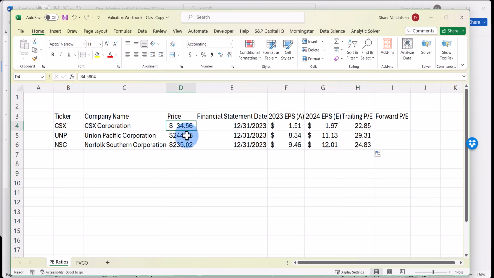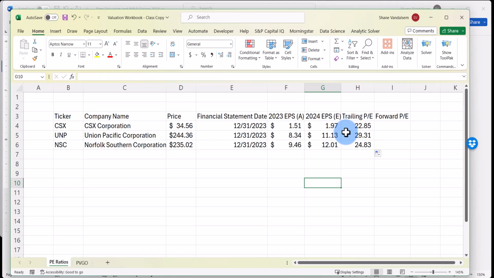The main difference in the stock price, again, is the number of shares outstanding compared to the overall earnings of the firm. You can see here that CSX has a slightly lower PE than Norfolk Southern and a little bit lower than Union Pacific. It could be that Union Pacific is overvalued, so it may be one you want to avoid if you're considering these, or it may be that there's something different in the businesses of these three different corporations.